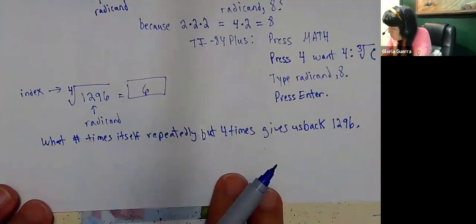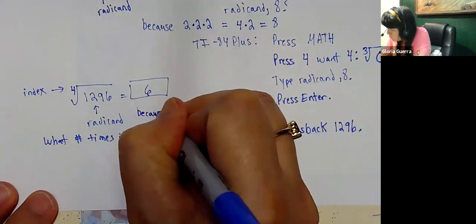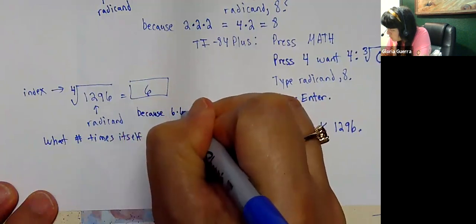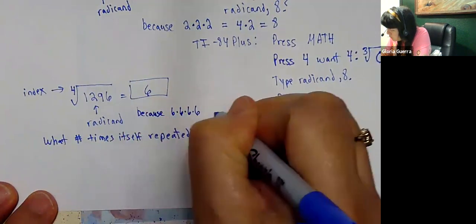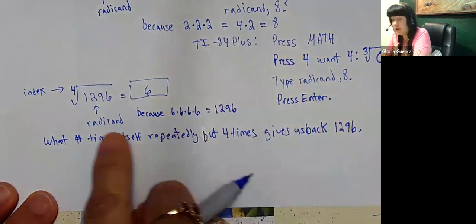Okay. So this is 6 because 6 times 6 times 6 times 6 equals 1,296. So that's how this plays a part.